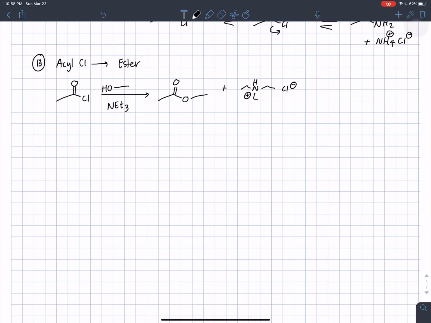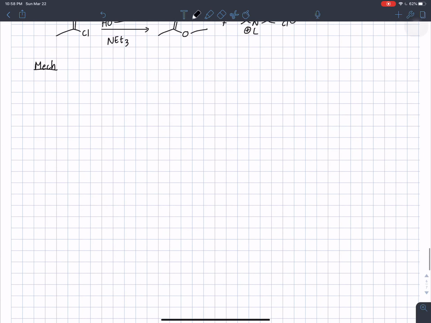That's a salt. Alright, so if you take a look at the mechanism here, it'll be very similar to the one we just did. You have your acyl chloride and you have an alcohol. So this just attacks the spot. This goes up. You end up getting O minus and an OH methyl with a Cl and a positive here.